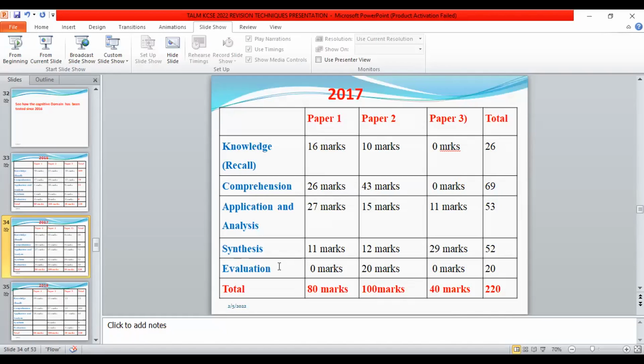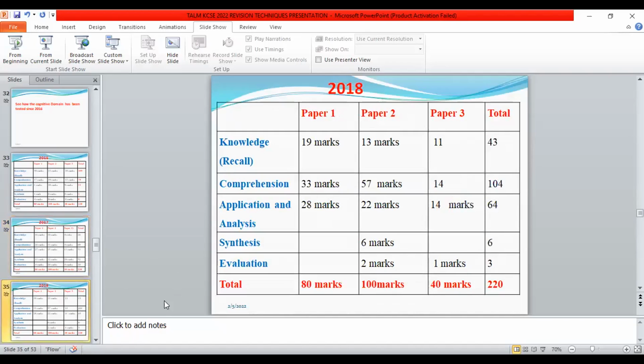So you can see a lot of weight was given to comprehension, application, and analysis. We also have something in synthesis, 2017. 2018, next slide. In 2018, knowledge level was carrying 43 marks. Comprehension level, now you can see, 104 marks. Application and analysis, 64 marks.